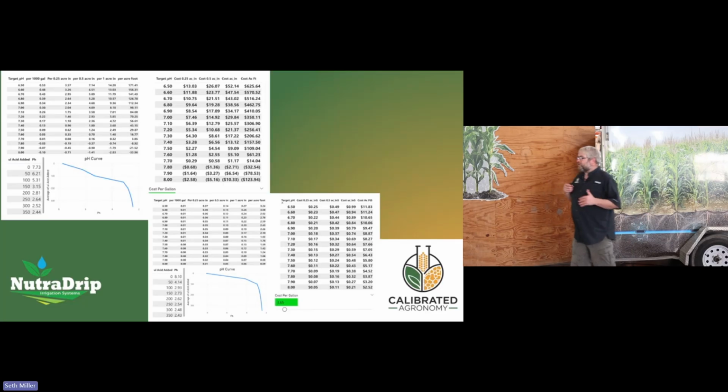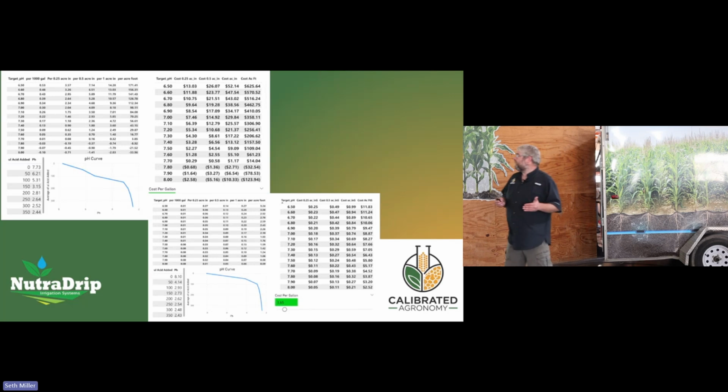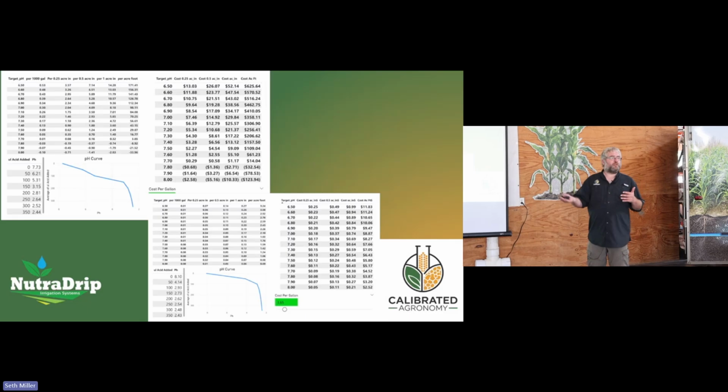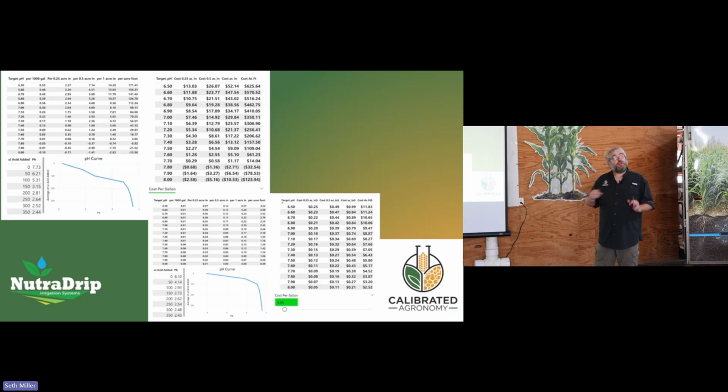Just for starters, this is how we like to start with guys. We take a water sample and a soil sample, and I'll take those water samples in and use a base treatment, like an acid treatment, and build these titration curves so we know how hard or easy they're going to be.